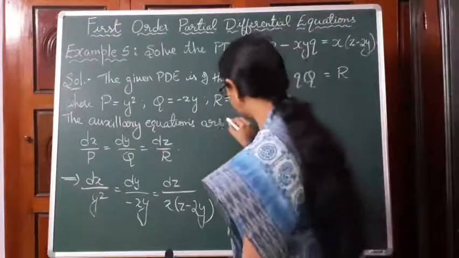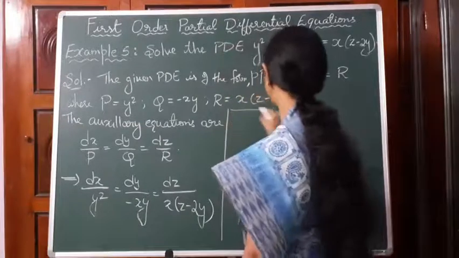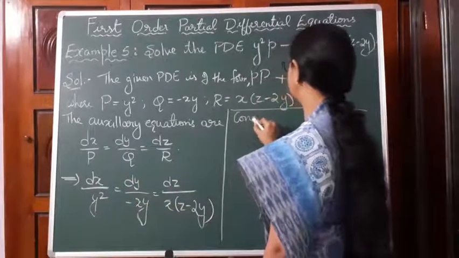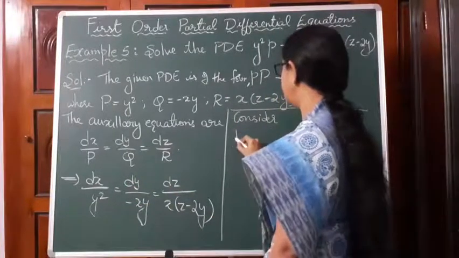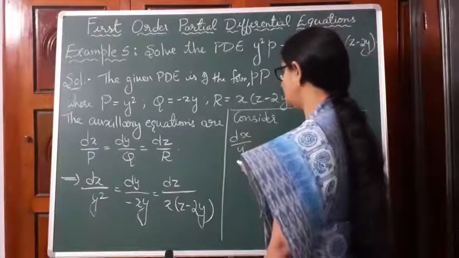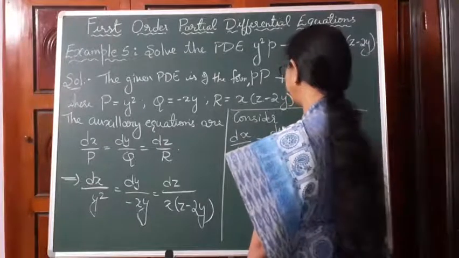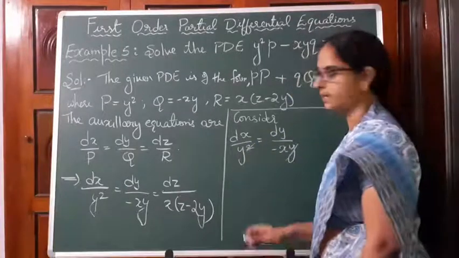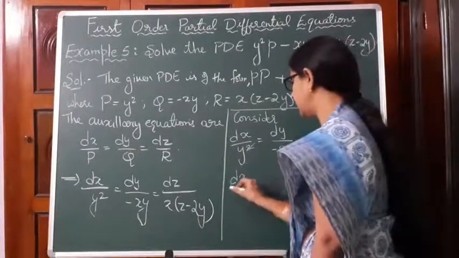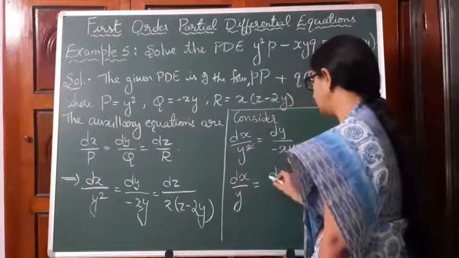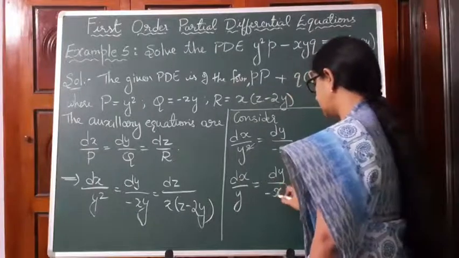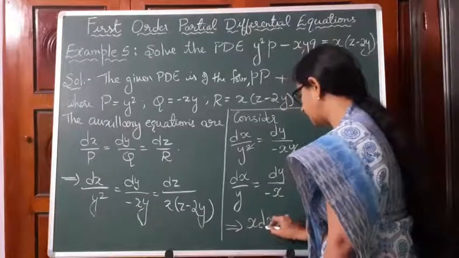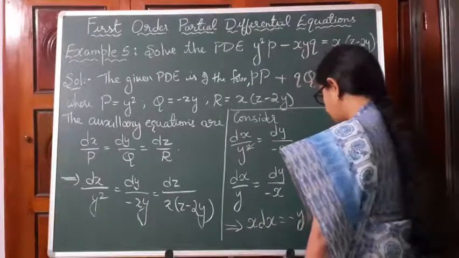So to find the first solution, we consider these two equations. Consider dx by y square is equal to dy by minus xy. Cancel y in the denominator, then we have dx by y is equal to dy by minus x. Now cross multiplying we get x dx is equal to minus y dy.